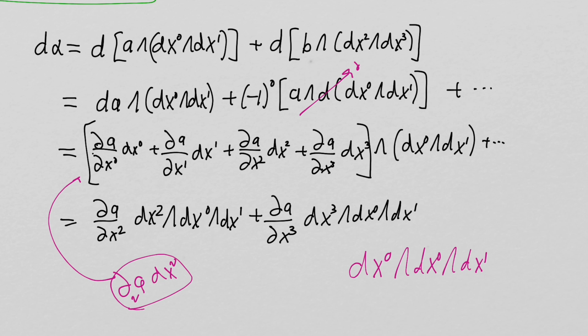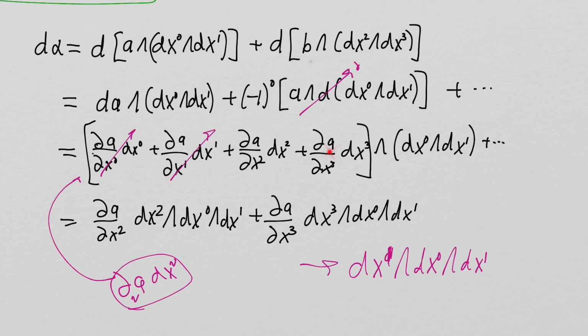So this is a good place to point that fact out. So this term goes away. Likewise, this term goes away because it doesn't matter what order the wedge products are in. If any two of them are the same, this whole thing goes to 0. So those two go away.